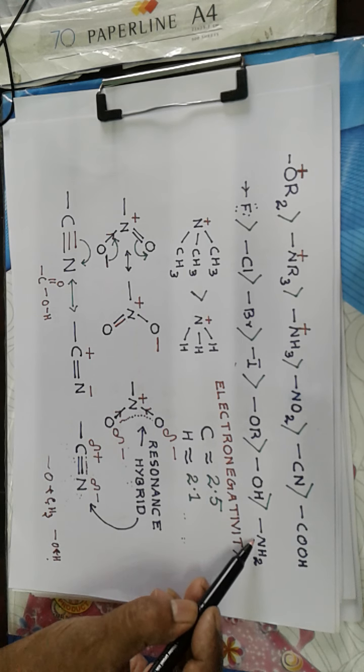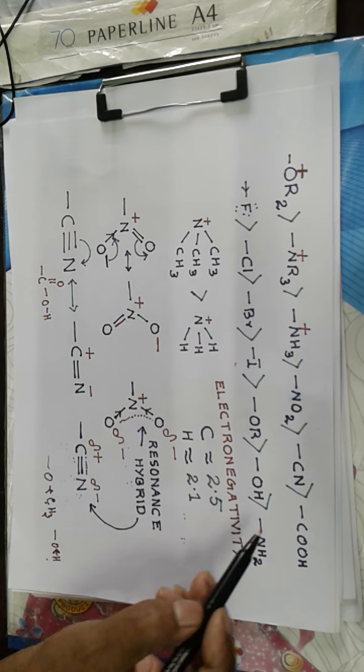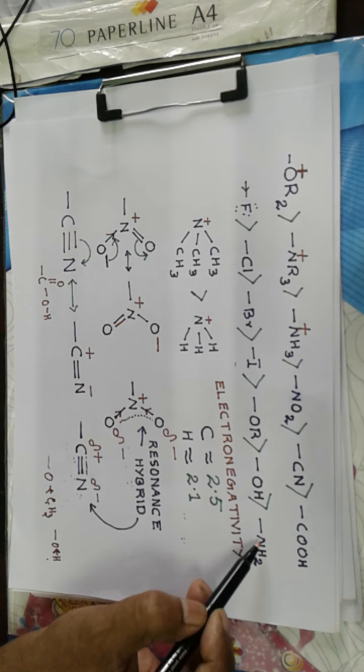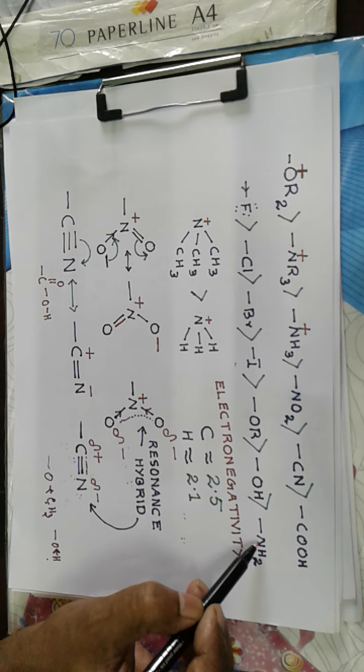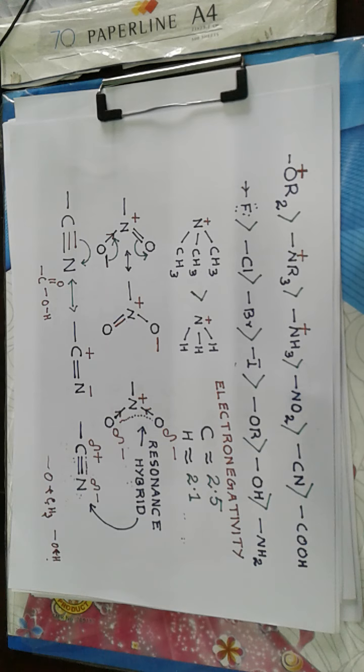Now in the case of NH2, the atom directly bonded to the carbon chain is nitrogen, which is less electronegative than oxygen, so the NH2 group is less electron demanding than the OH group. Thus we can explain the order of decreasing minus I effect in these groups.